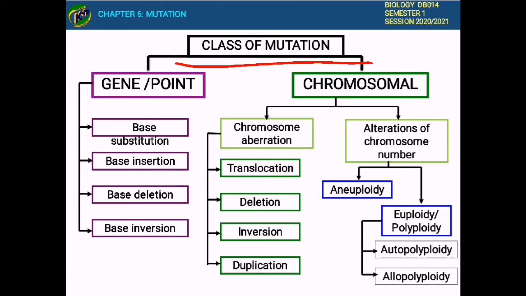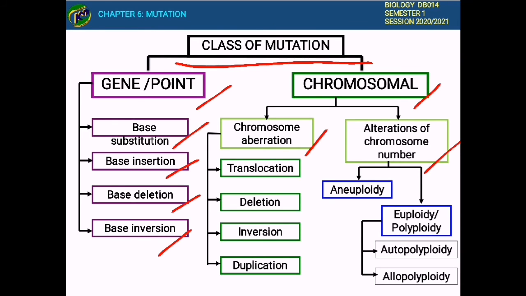So here also we have two classes of mutation: gene mutation and chromosomal mutation. For gene mutation, we have 4 types: base substitution, base insertion, base deletion, and base inversion. And for chromosomal mutation, we have chromosome aberration and alteration of chromosome number.